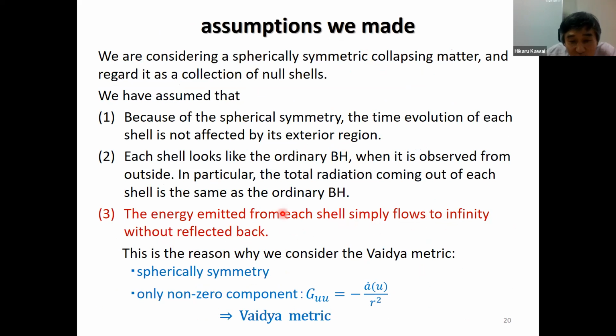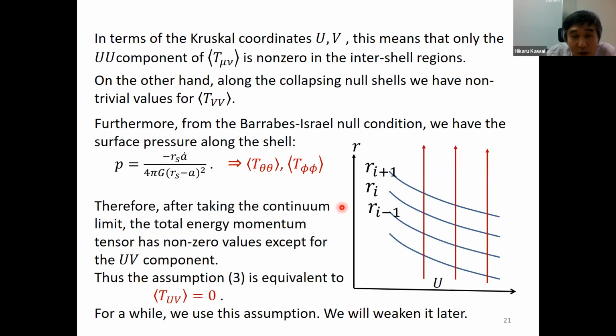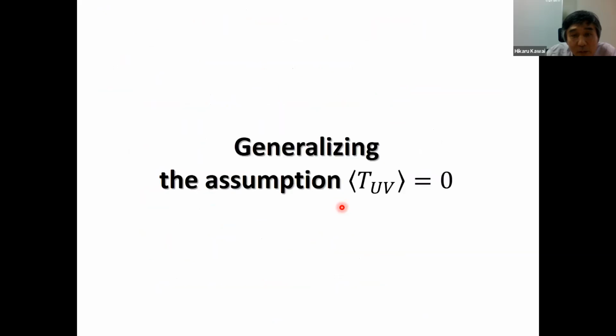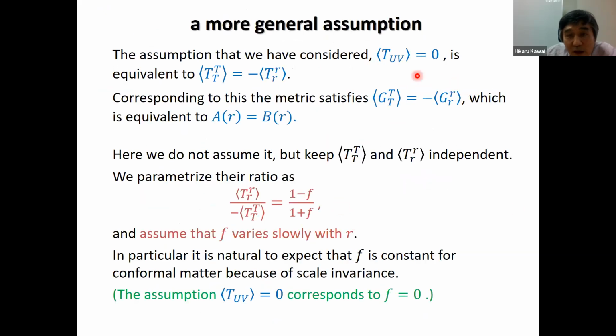With this assumption, we had this equation. Correspondingly, the metric satisfies G_TT equal to minus G_RR, which is equivalent to A_R equal to B_R. Here we do not assume it, but keep T_TT and T_RR independent.